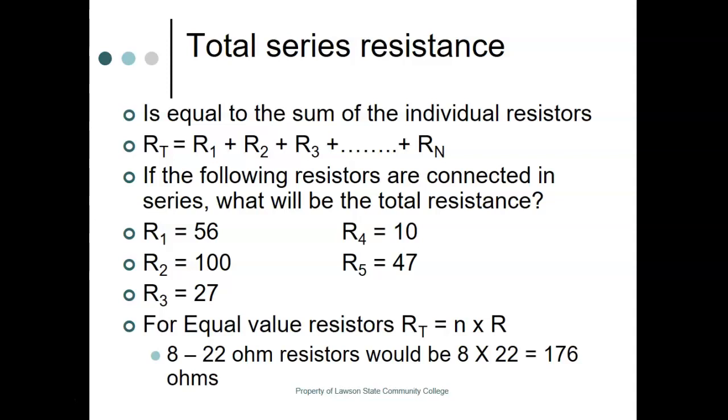So if the following resistors are connected in series, what is the total resistance? So we have 56, 100, 27, 10, and 47. What does that equal out to? 199.